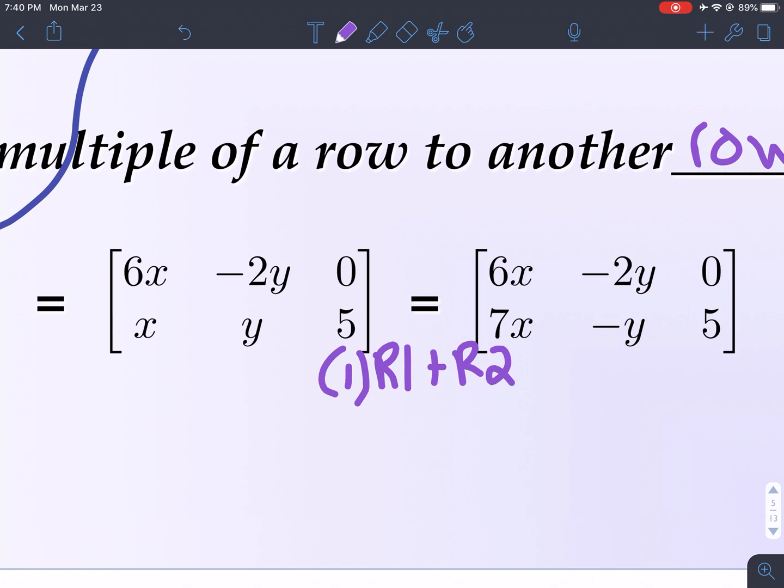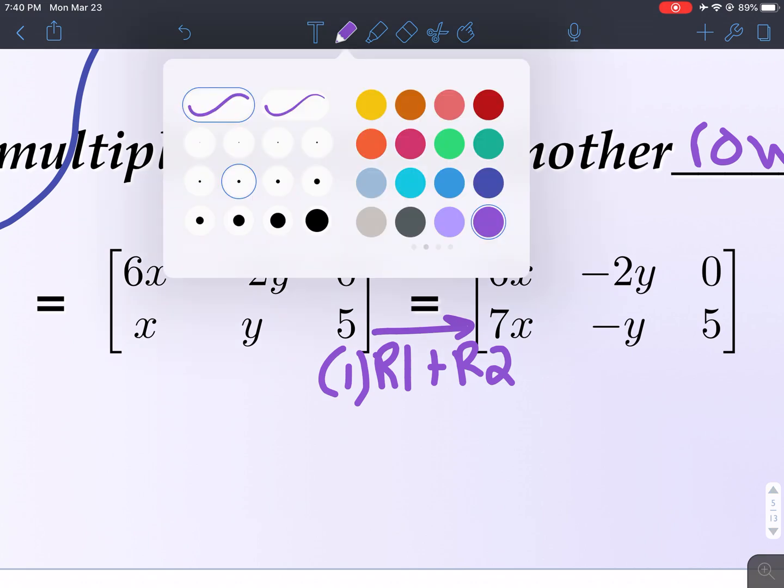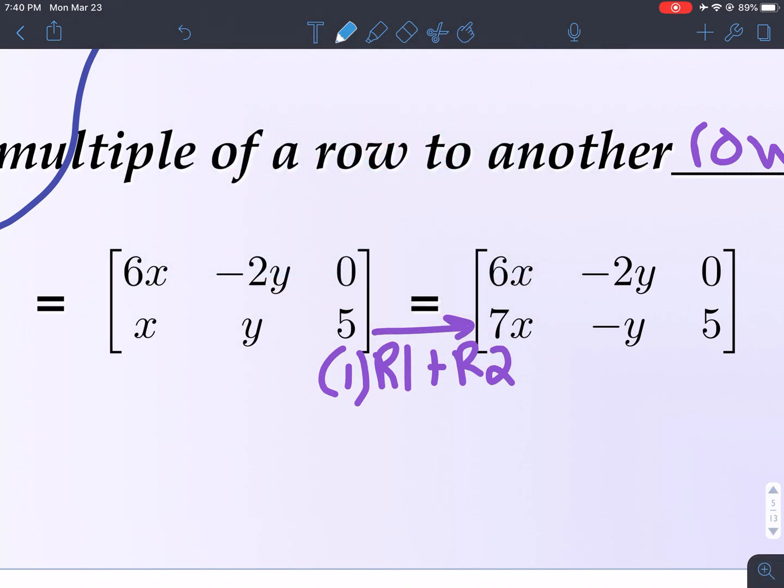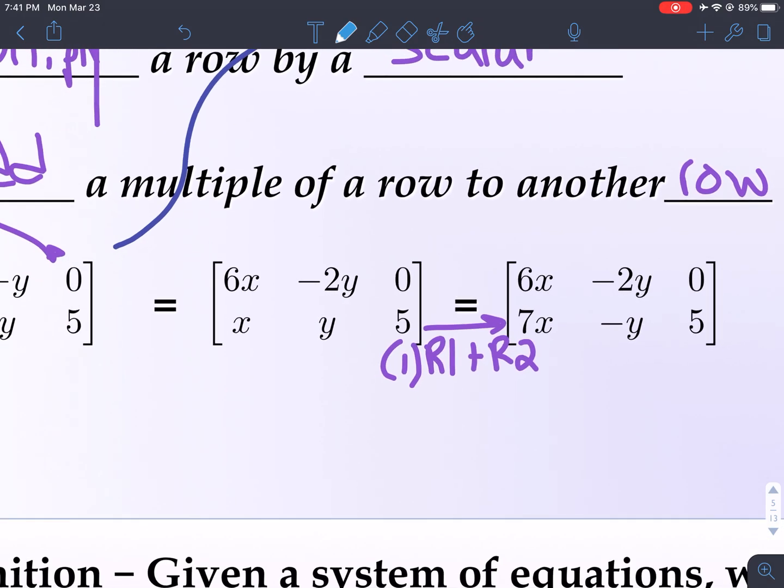And I would end up with 7x, negative y, and 5. If you think about it for a second, this is almost like solving a system of equations. Because if I were to combine two equations, I would do 6x plus x and then get 7x. And I would add negative 2 with y, and I would get negative y. And then 0 plus 5 equals 5. So all of that is the same operation as solving a system, which you've already done in the past.